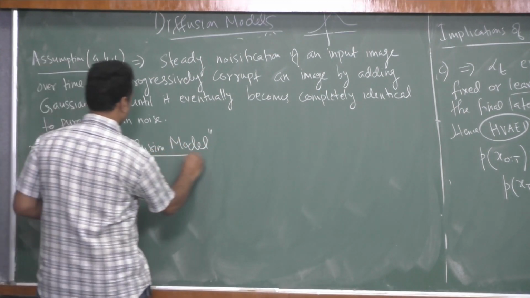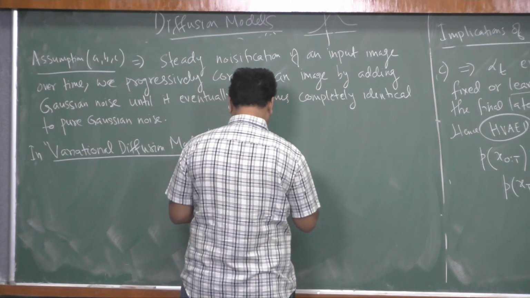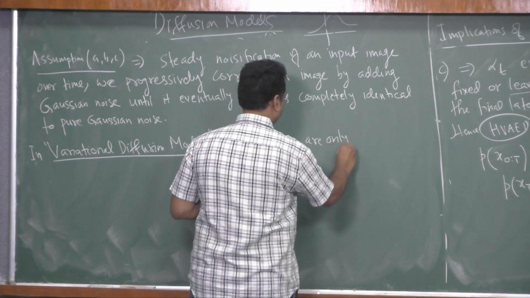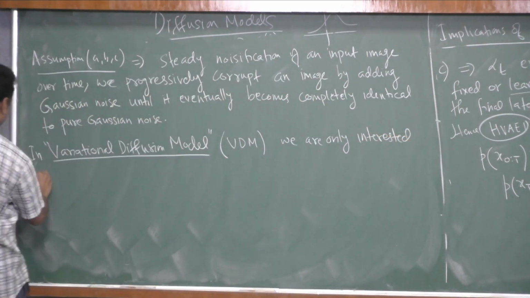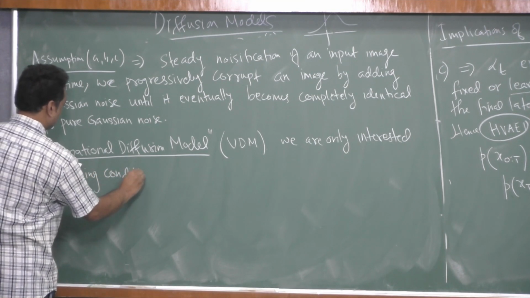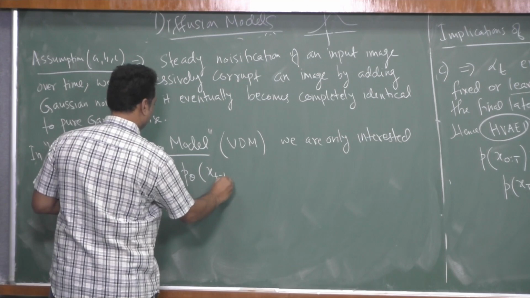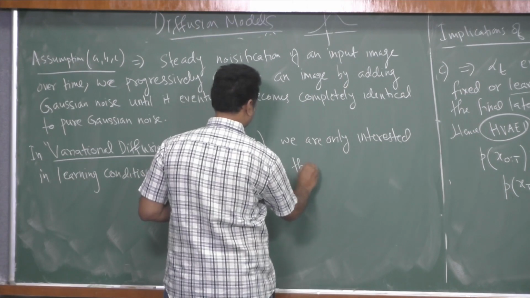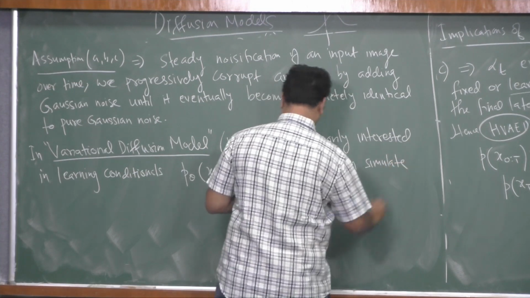In a variational diffusion model, or sometimes I will write this as VDM, we are only interested in learning the conditionals p_theta(x_{t-1} | x_t), so that we can simulate new data.